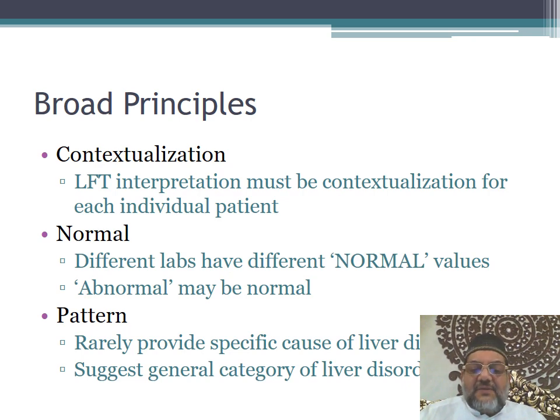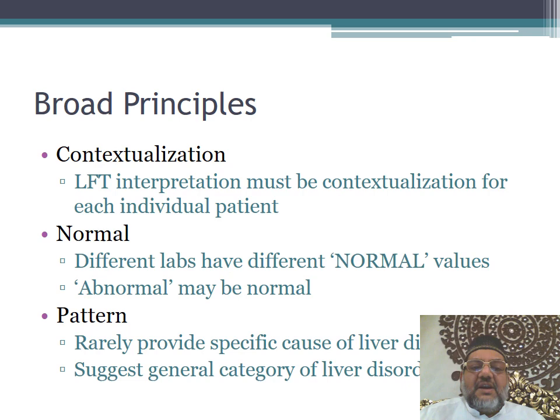Different labs have different normal values, and a doctor must know what the normal values are. And the pattern sometimes provides specific causes of liver disease and suggests the general category of the liver disorder, whether it is because of damage to the liver cells, or damage to the biliary canaliculi, or something abnormally produced in the body. So a doctor can interpret these abnormalities while looking into the liver function test.